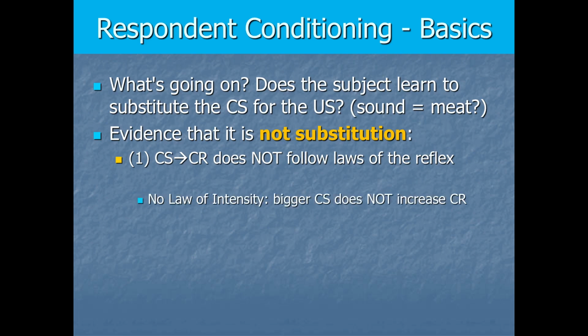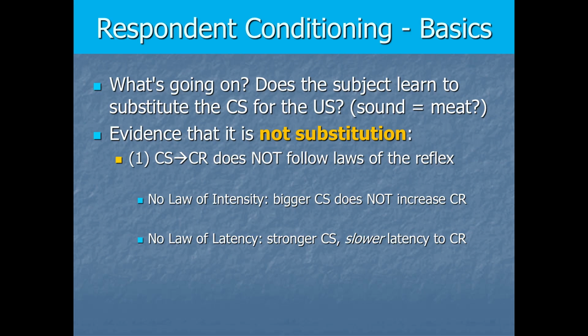We find no law of intensity. So a bigger conditioned stimulus doesn't actually increase the conditioned response. A louder conditioned sound won't make the dog salivate more. It may even decrease the conditioned response because the louder sound is new and different. And we find no law of latency here. So with a stronger conditioned stimulus, we actually get slower latency to the conditioned response rather than faster.